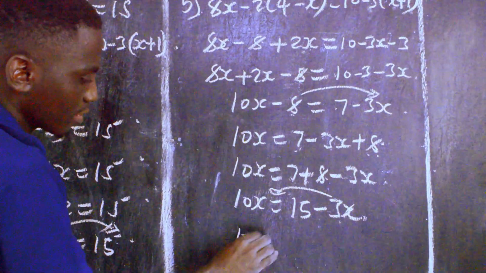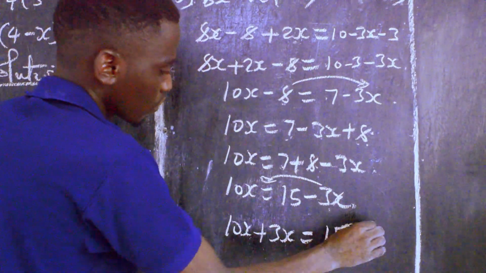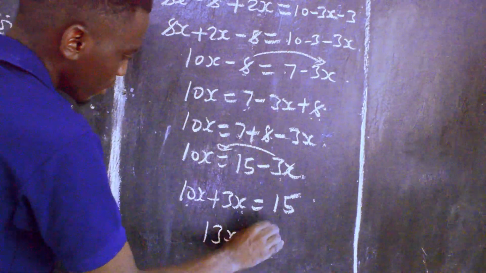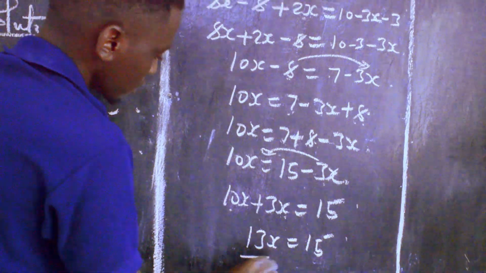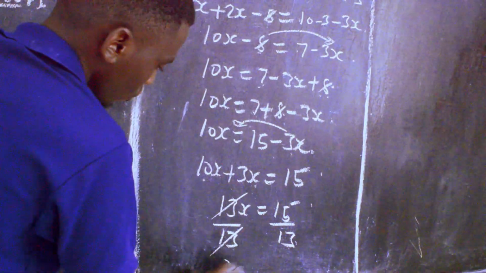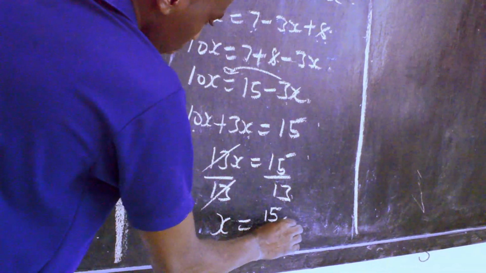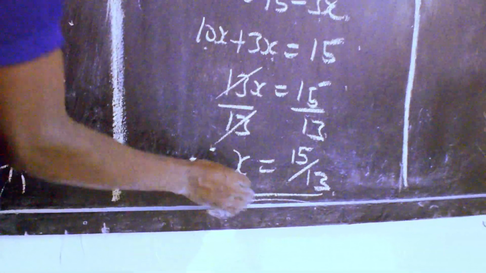So you have 10x plus 3x will be equal to 15. So if you add here you get 13x will be equal to 15. Then you divide by 13 on both sides. So this and this cancel. So x will be equal to 15 over 13. This is the required value of x.